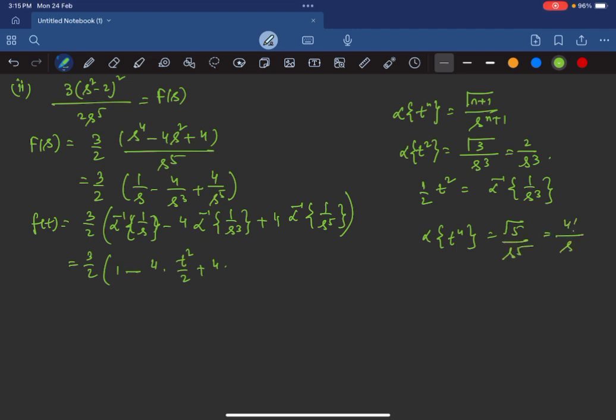Gamma 5 means 4 factorial, that is 24. Okay, this one you are going to get. Now if you simplify, you will get the final answer.